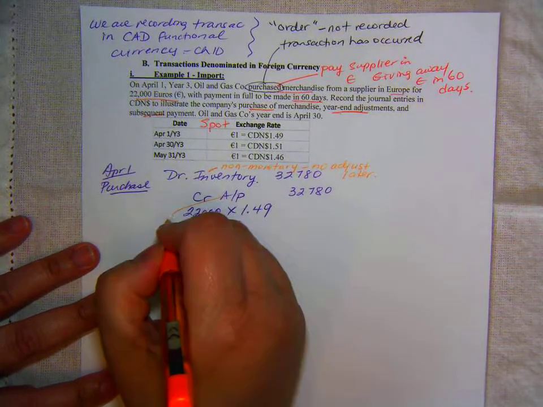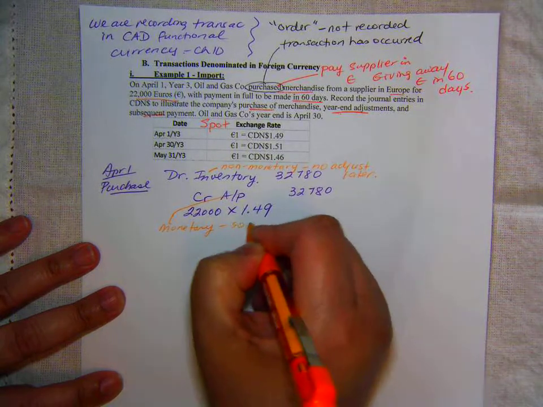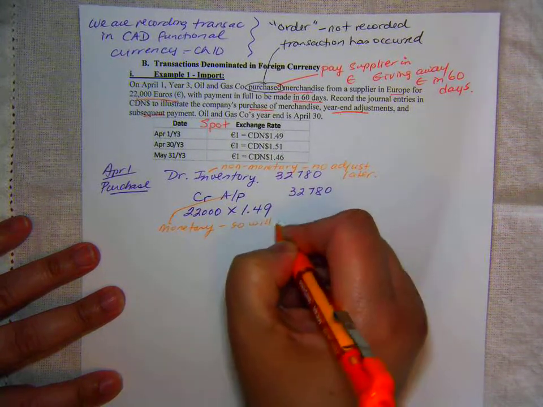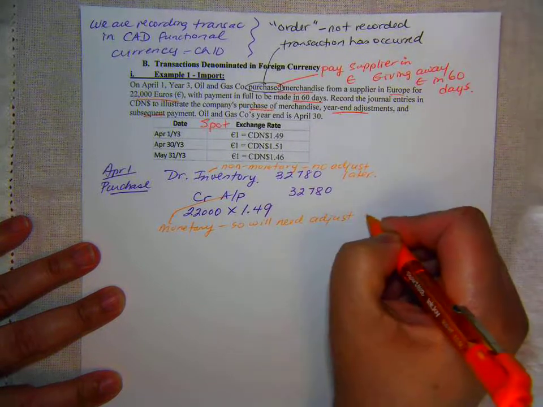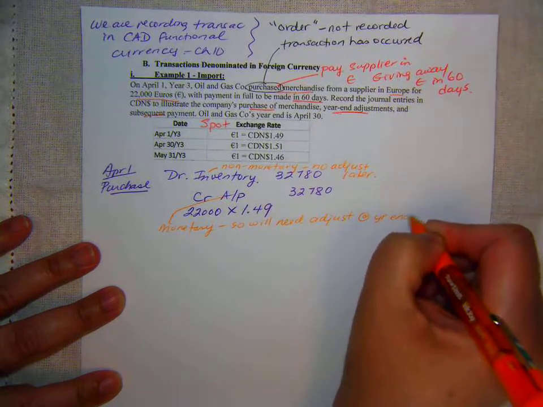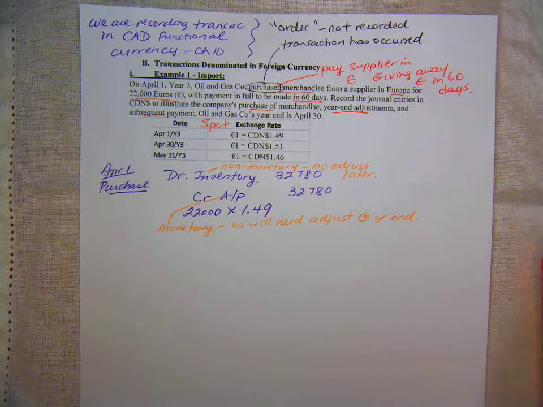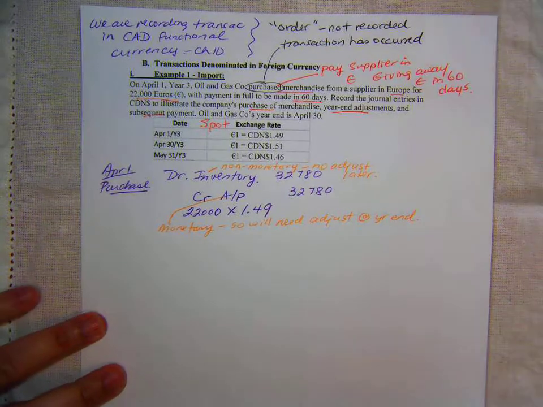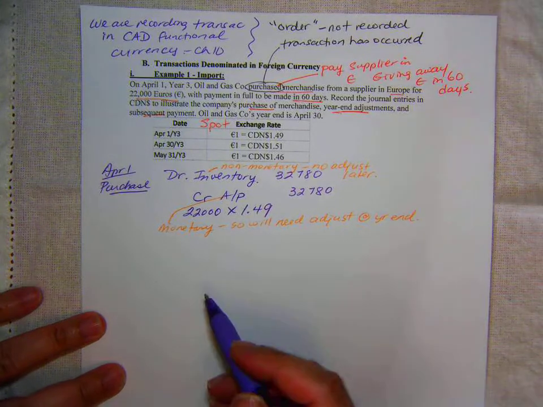AP, on the other hand, is monetary, so it will need to be adjusted at year end. Okay, remember, if you do have questions, just email me.